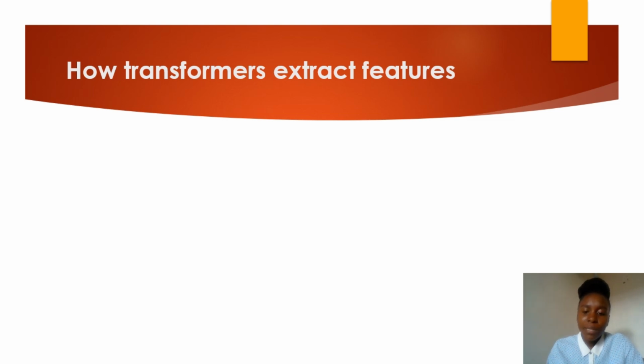Transformers extract features in 4 steps. You input data, like an image or a text, into the transformer encoder, because the transformer has an encoder and a decoder.